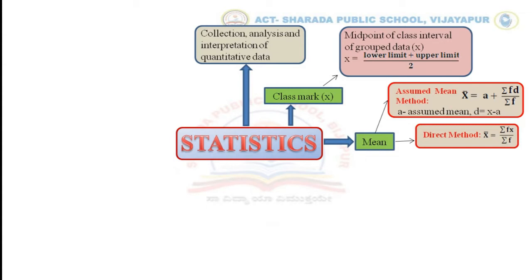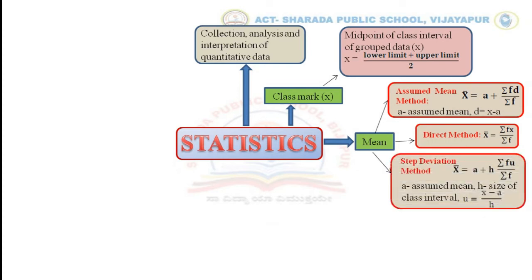According to this method, mean x bar is given by a plus sigma fd divided by sigma f, where a is the assumed mean and d is the deviation, which is given by the formula d is equal to x minus a.